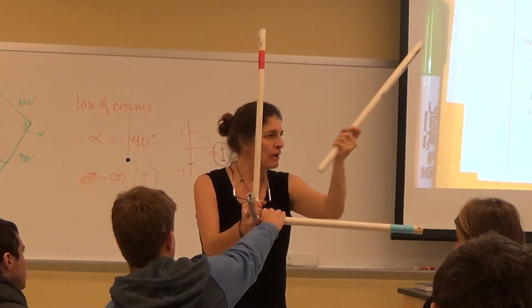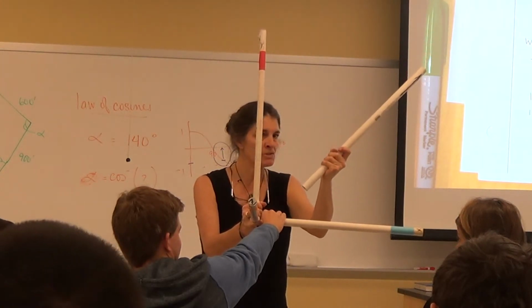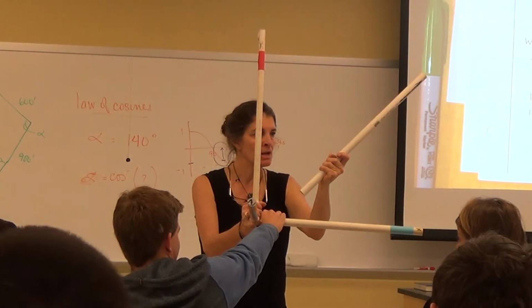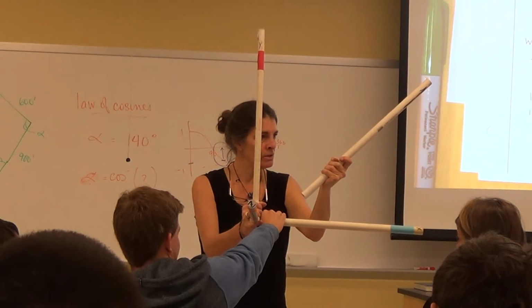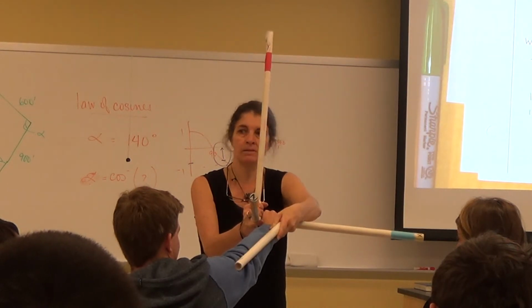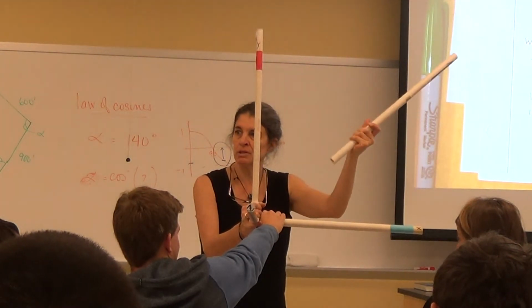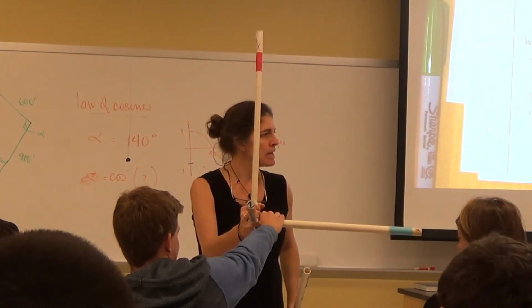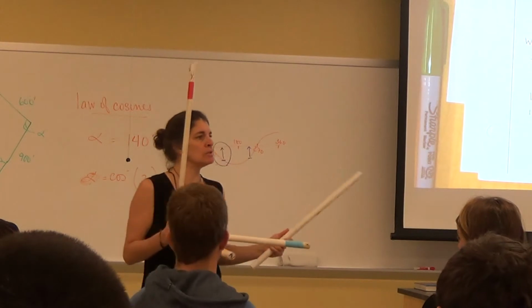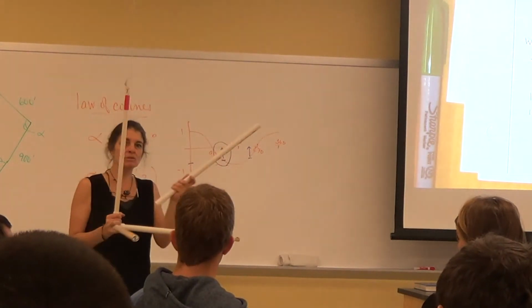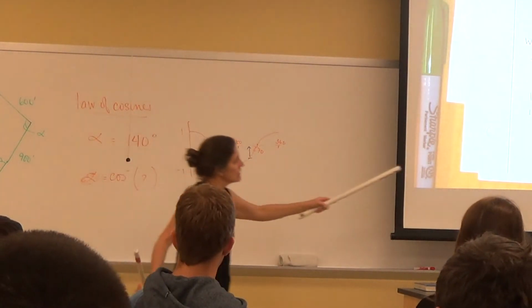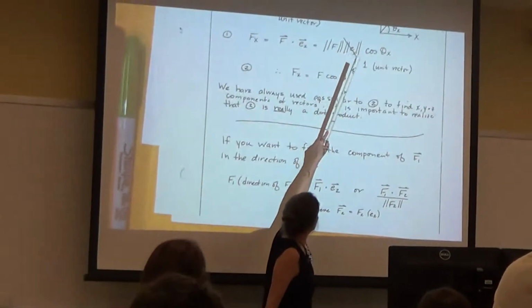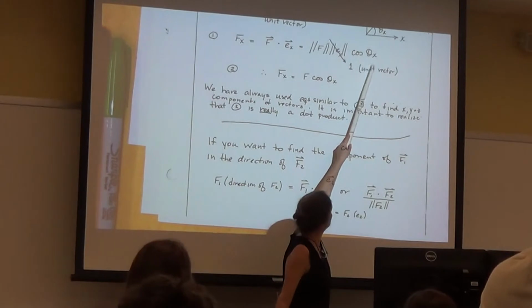If I know the magnitude of this force, all I need to know is the angle between this and this, and I could find the component of this force that transmits through this frame. Does that make sense? So I could always use the dot product to find it as long as I'm dotting it with the unit vector, right? Because I take the magnitude of the force and I multiply it by the cosine of the angle between.